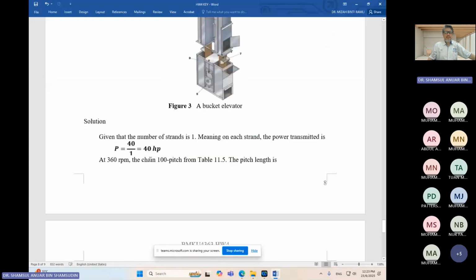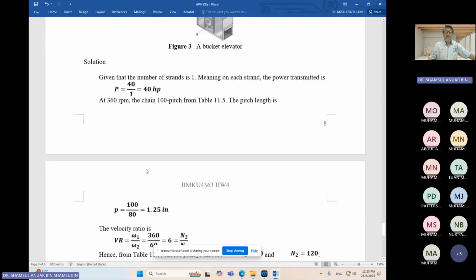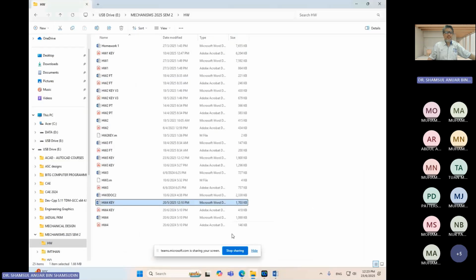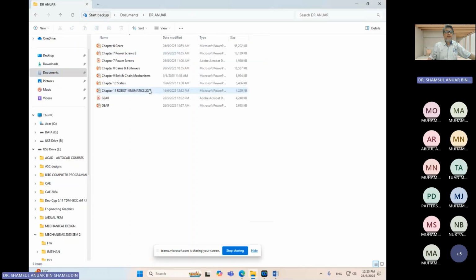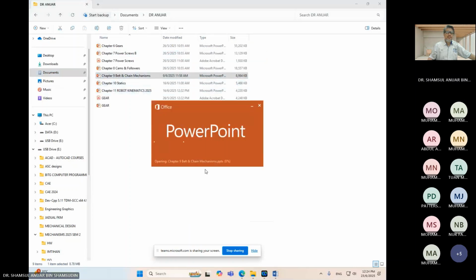So from that table, I guess you can find that the number is 100. Let me see if I can find the pin here.